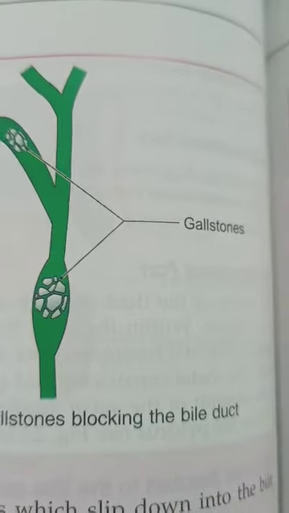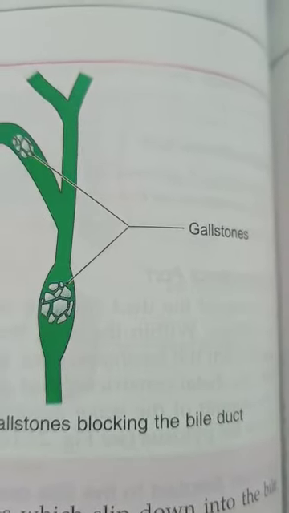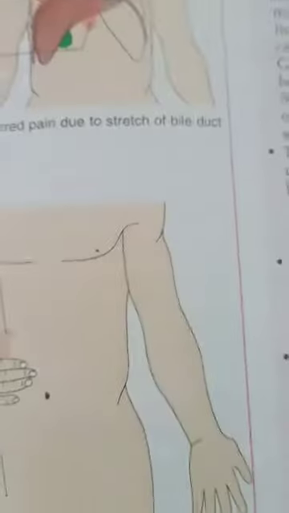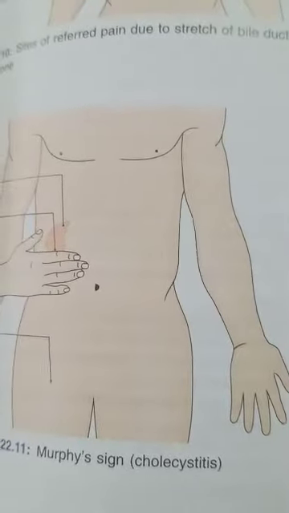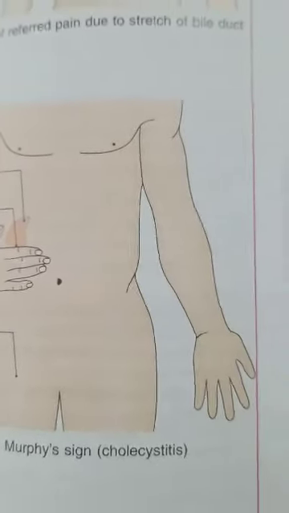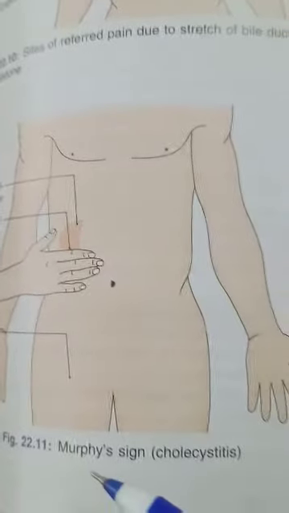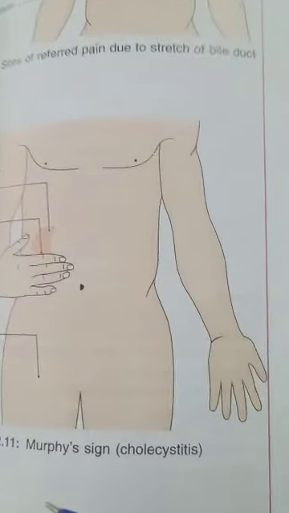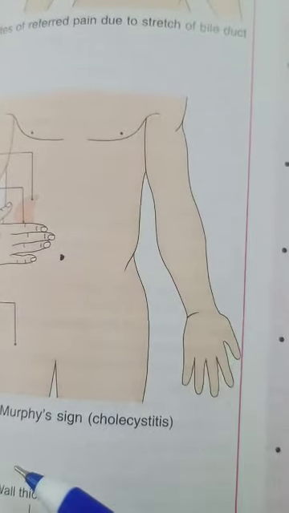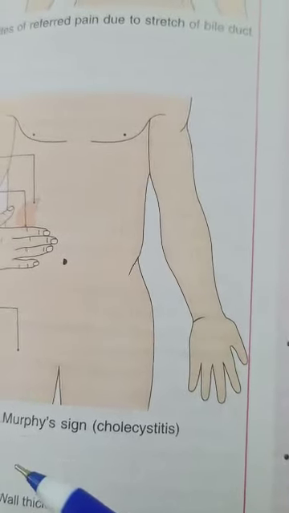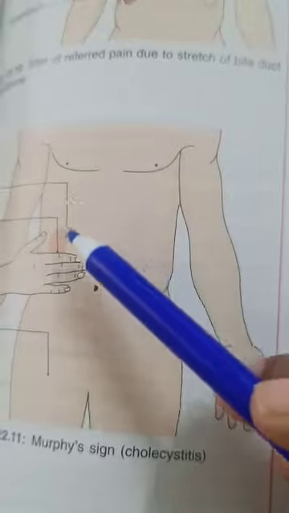And next is Murphy's sign. Inflammation of the gallbladder is known as cholecystitis. In cholecystitis, the patient complains of pain over the right hypochondrium.